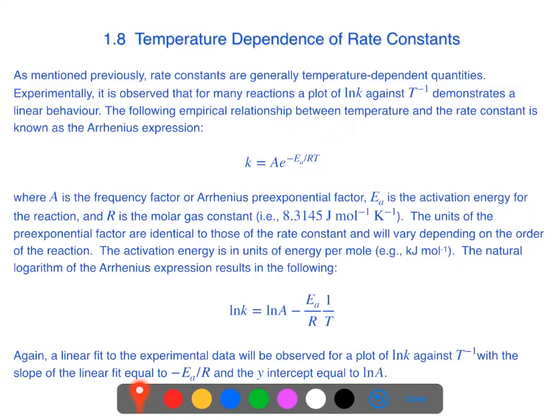If we take the natural logarithm of the Arrhenius expression, we end up with the following linearized form, where ln k is equal to ln A minus EA over R multiplied by 1 over T. So again, if we plot the logarithm of the rate constant against the inverse of temperature, we will find that if there's a good correlation between temperature and the rate constant, which we see for Arrhenius behavior, the slope of that fit will be equal to minus EA over R. So it'll be a negative slope, and the slope value will be a quotient, the activation energy divided by the molar gas constant.